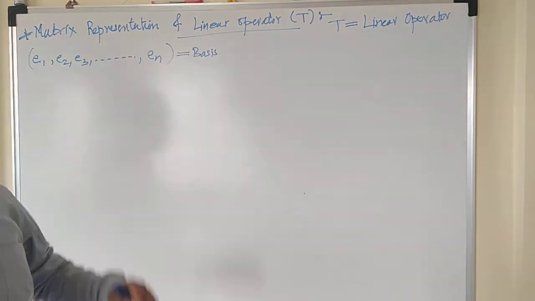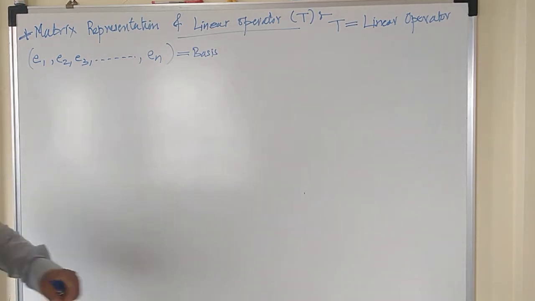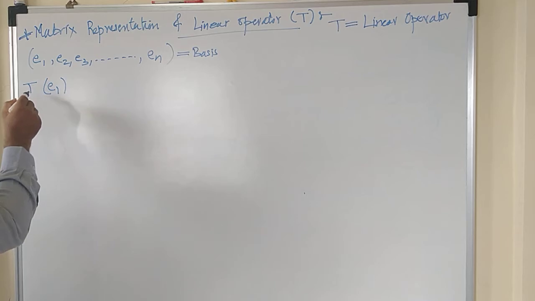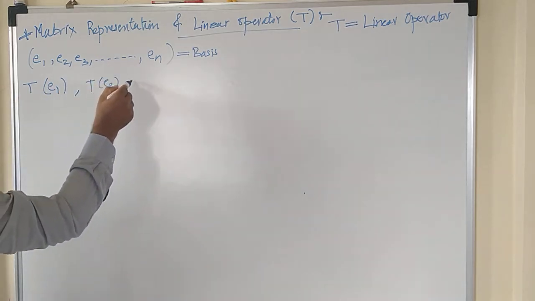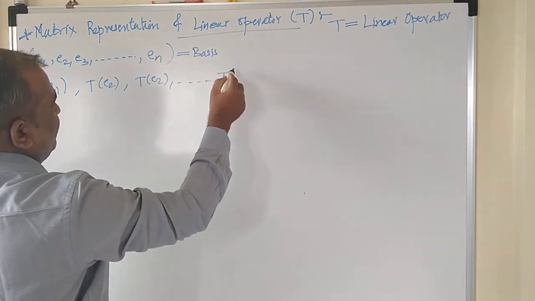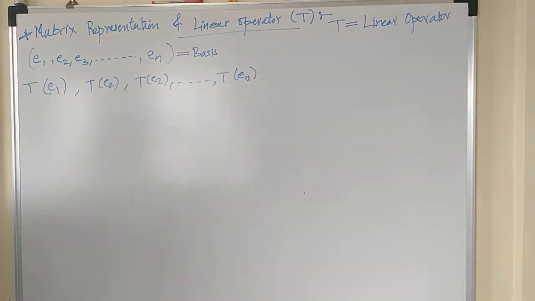So E1, E2, E3 up to En are the basis vectors, or you can say the standard basis vectors that we have assumed, and T is the linear operator, isn't it? Then the linear operator operated on all these basis vectors gives Te1, Te2, Te3, and the last vector is Ten.